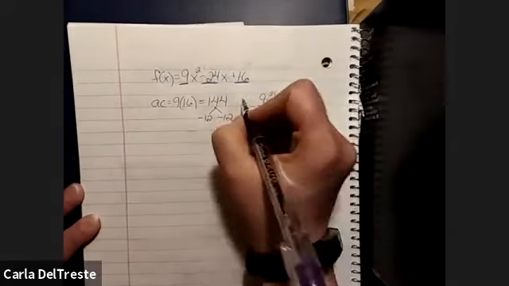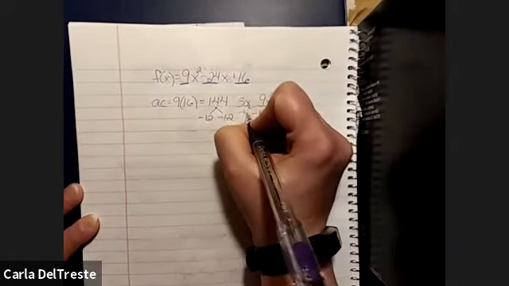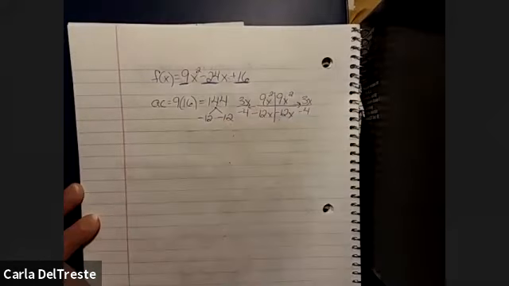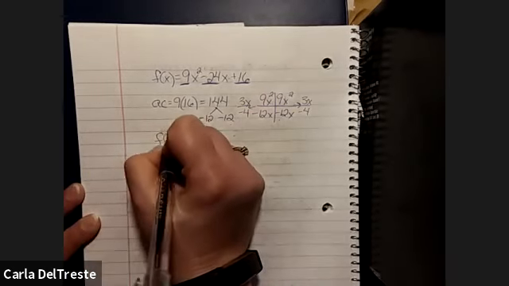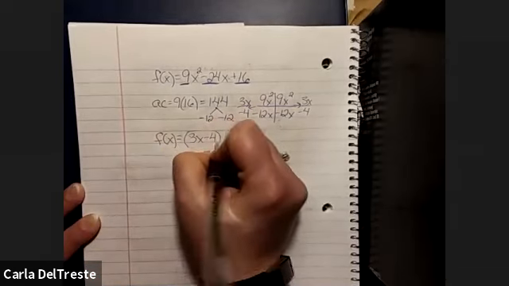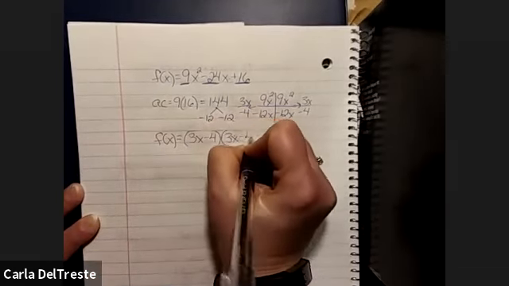These are divisible by 3x, and that's going to leave me with 3x over negative 4, which means this side is going to leave me with 3x over negative 4. And so my final factored form is going to be 3x minus 4 times 3x minus 4.